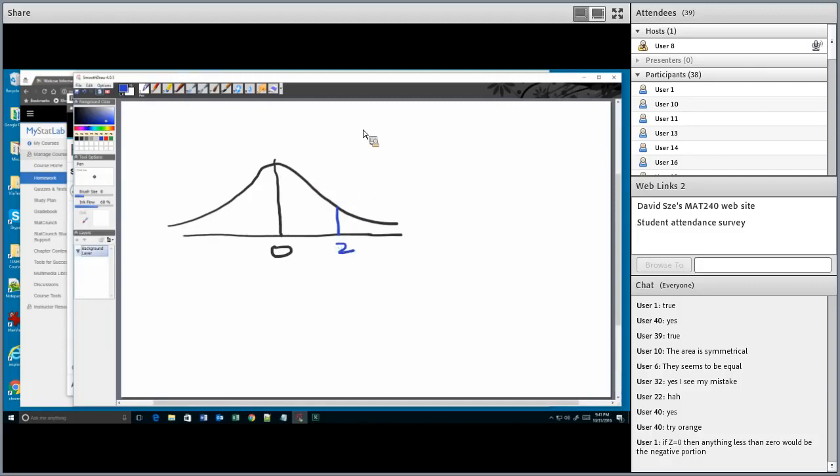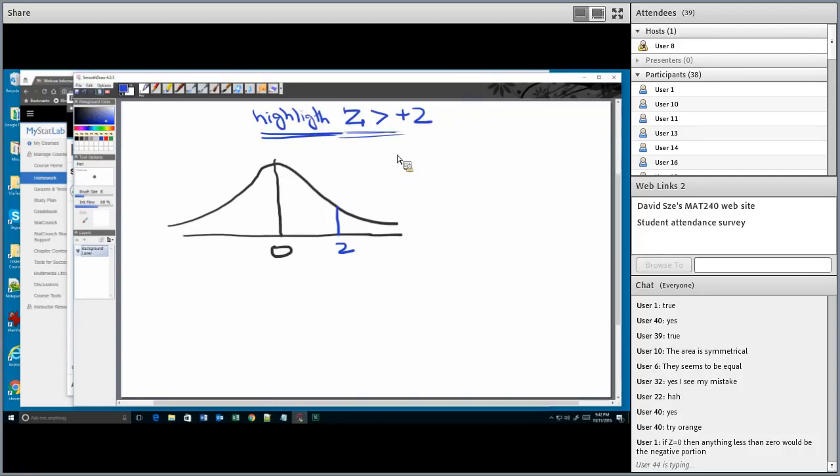Remember when I had to highlight z greater than 2, or every time I do problems, I'd have to tell you to highlight z greater than plus 2. Well, why not use some notation for this? Writing this out is too cumbersome. How about I represent this whole thing with something like this?